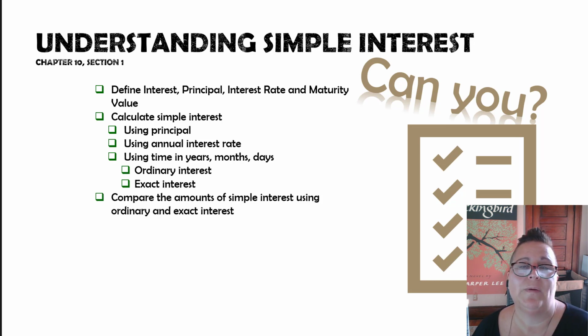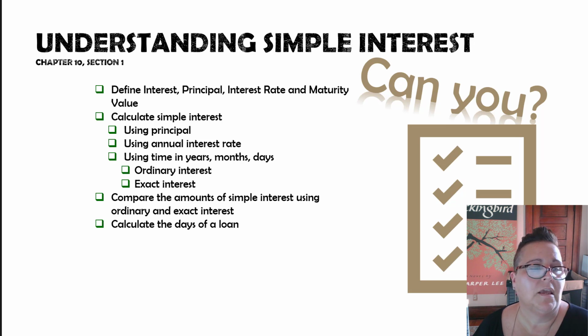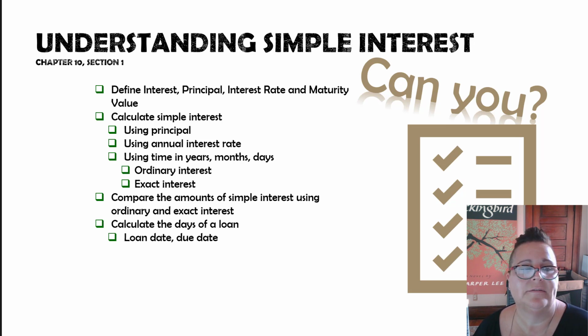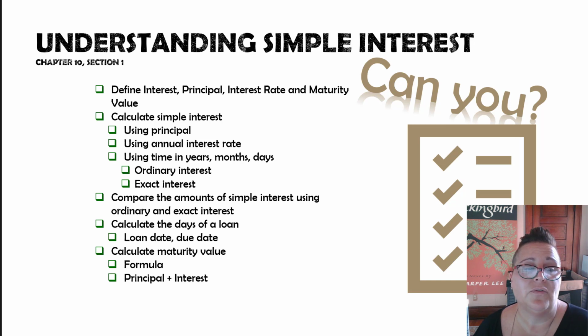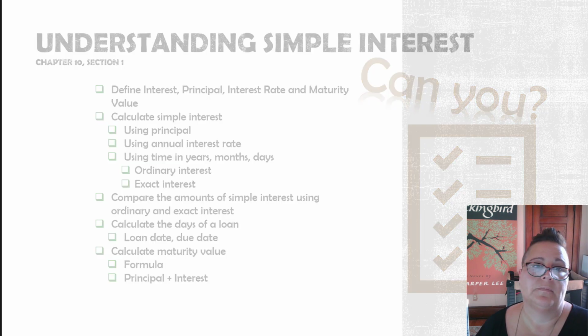Did you catch the part where we compared simple interest, ordinary, and exact? And did you catch the conclusion there? Can you calculate the number of days in a loan if given the loan date and the due date? And can you find the maturity value on a loan using either the formula or the principal and interest? Either one.